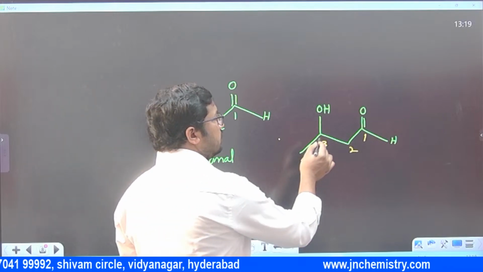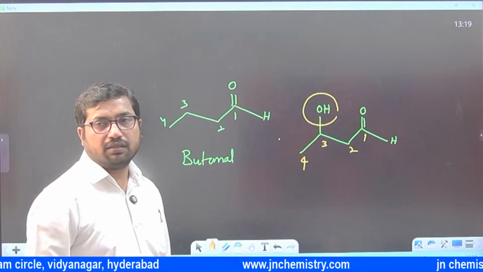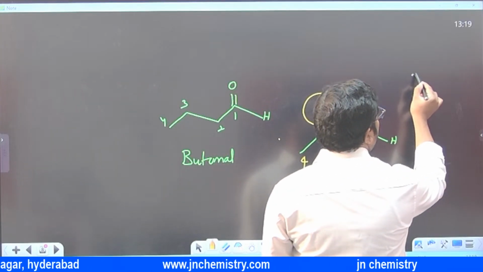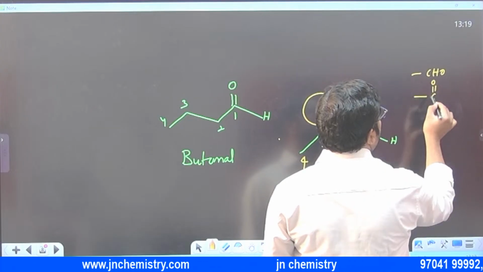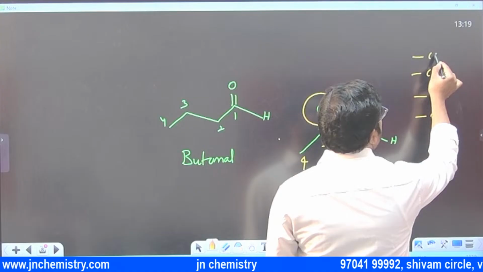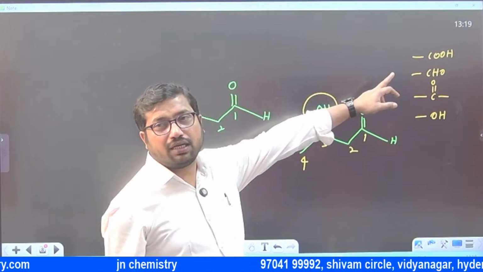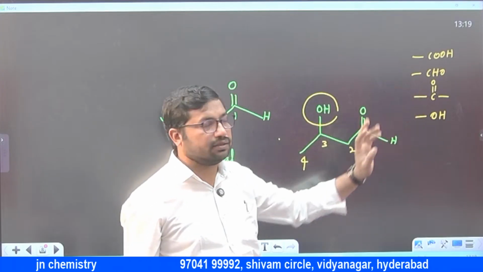So when alcohol is coming as a substituent, when aldehyde and alcohol both are coming, majorly imagine first aldehyde, then ketone, then alcohol. Above that, carboxylic acids. In between, esters and others are coming, but majorly these are very important.